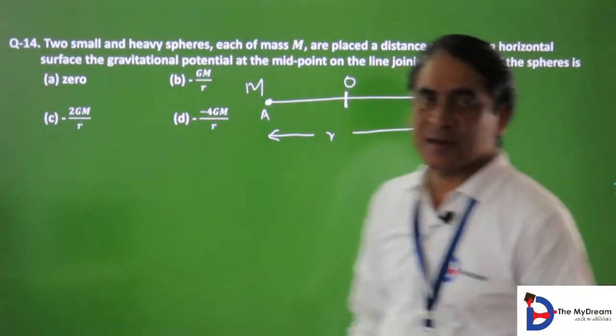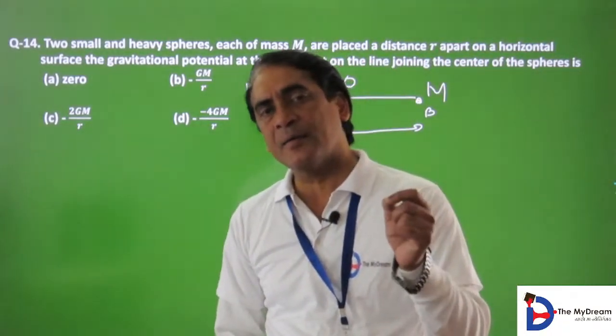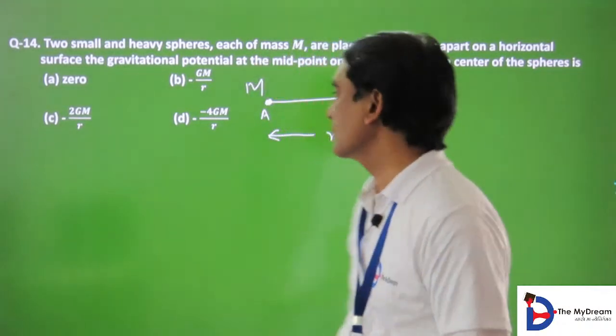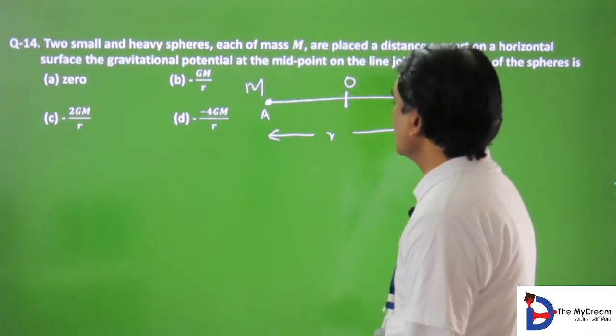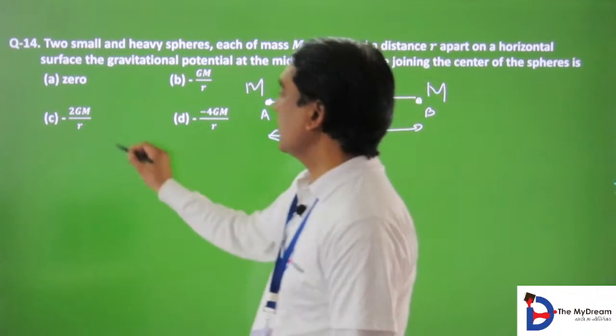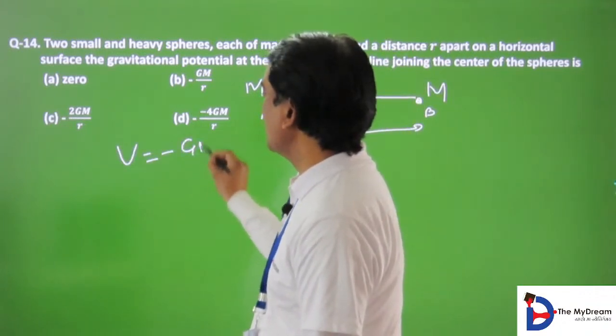Here we want to discuss the gravitational potential at the midpoint. So, the gravitational potential is given by Gm by R.